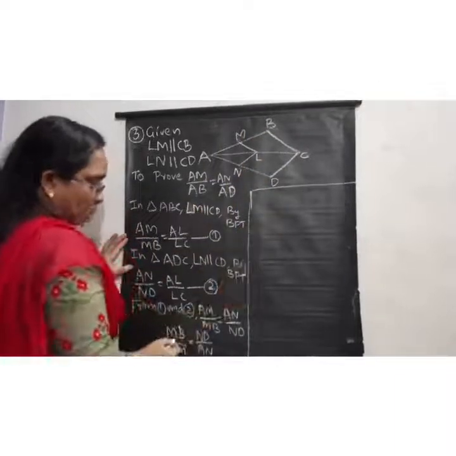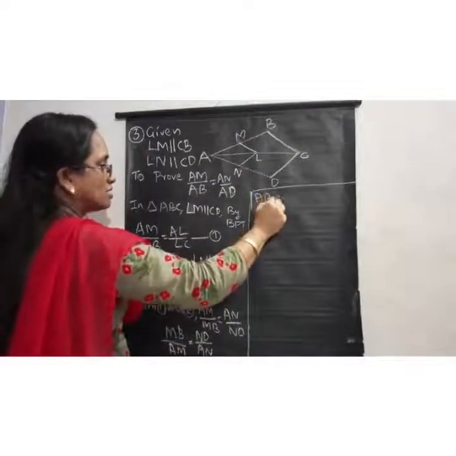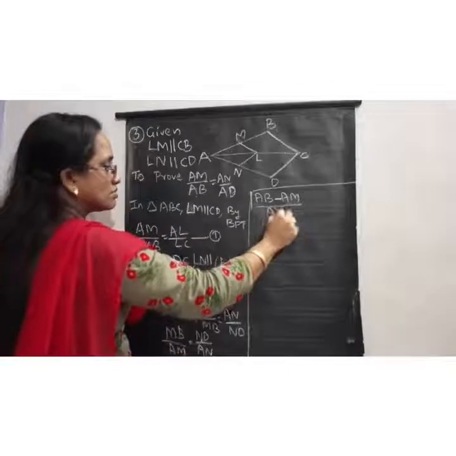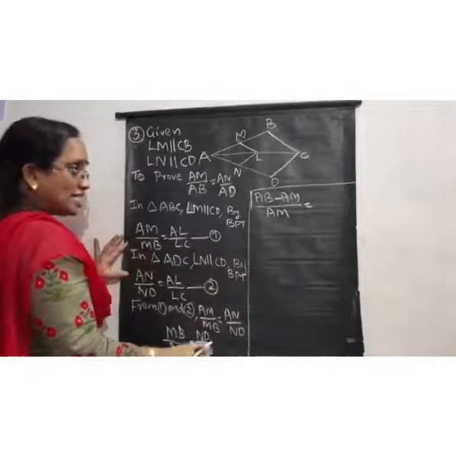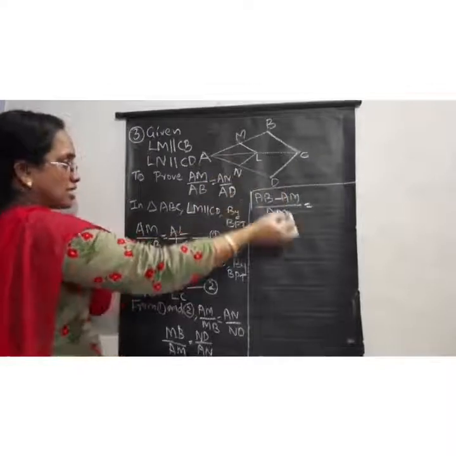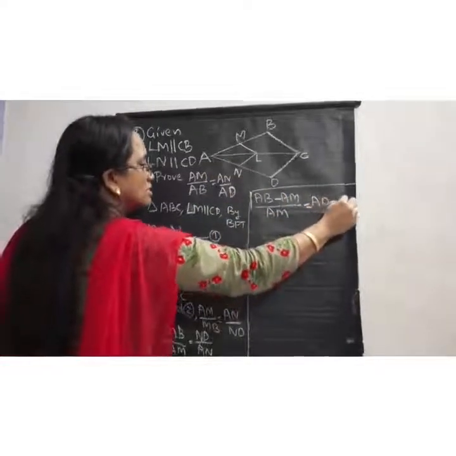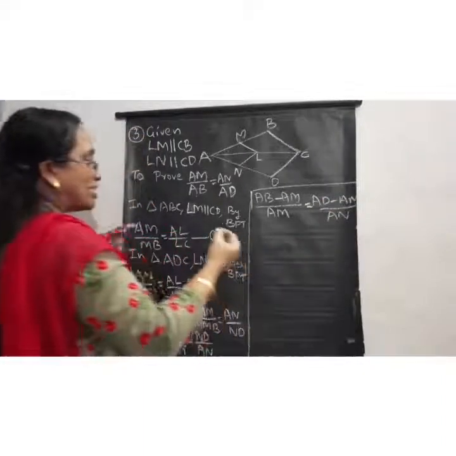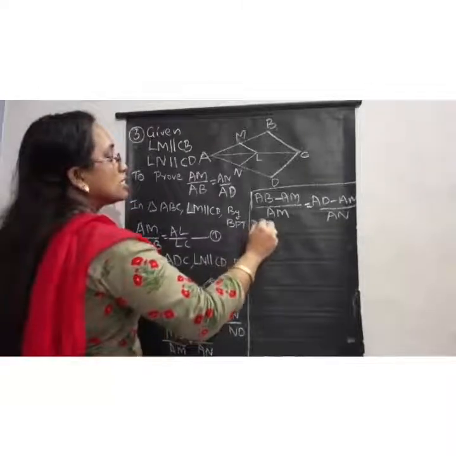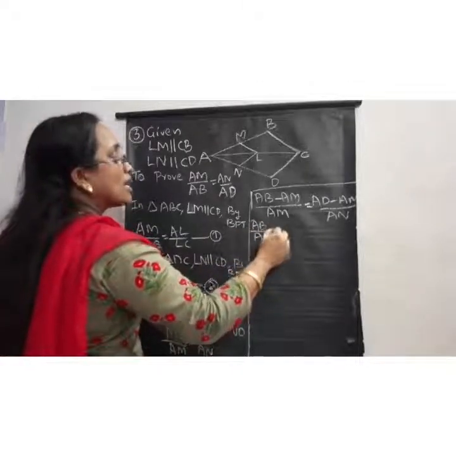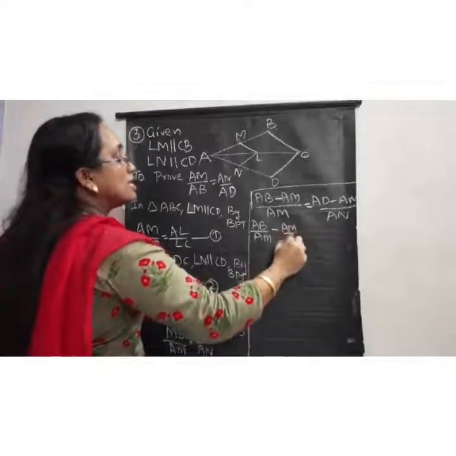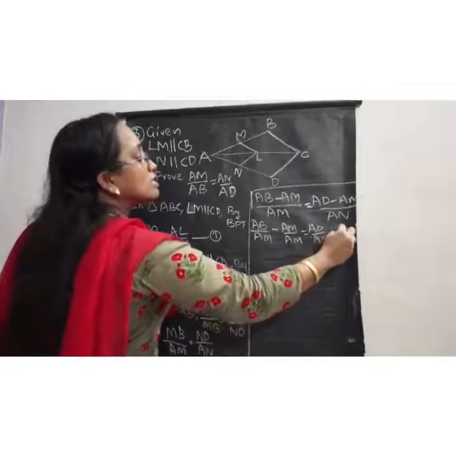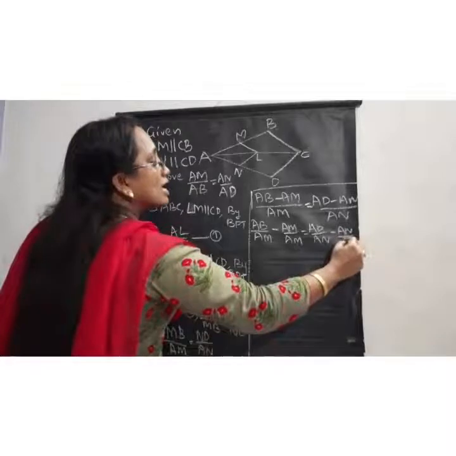So AB minus AM by AM is equal to ND, which is AD minus AN, by AN. Then dividing separately, AB by AM minus AM by AM equal to AD by AN minus AN by AN.